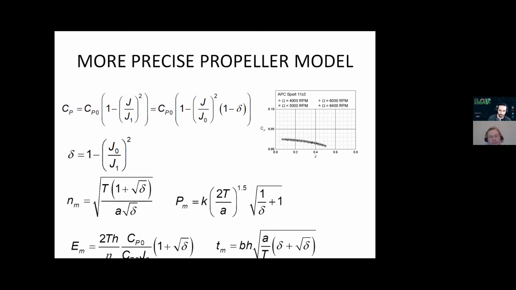The procedure of obtaining the optimal frequency of rotation and optimal power is the same as in the previous case. These formulas for optimal energy also contain the maximum propeller efficiency for this model.